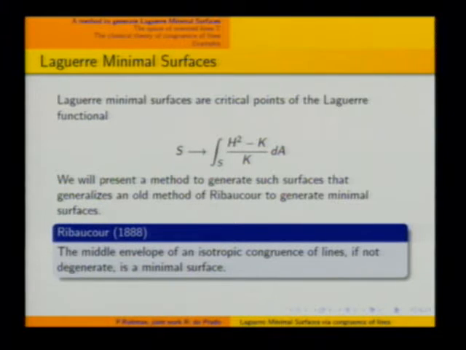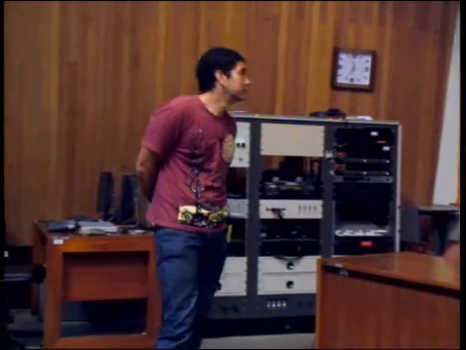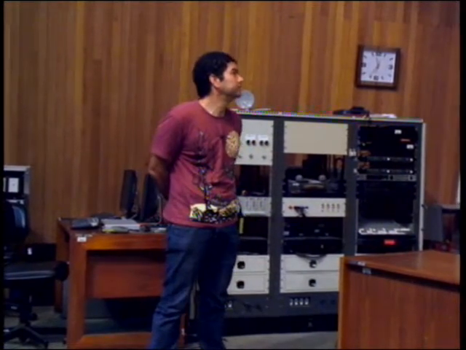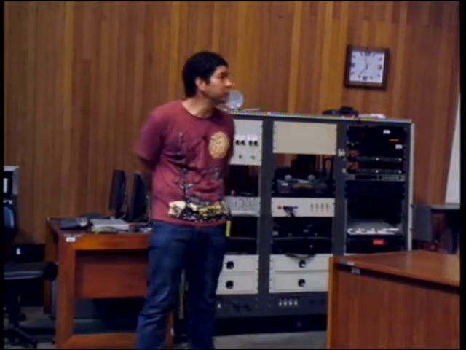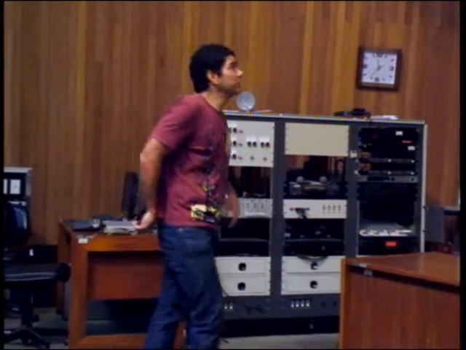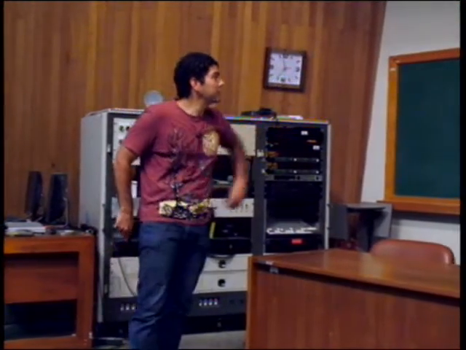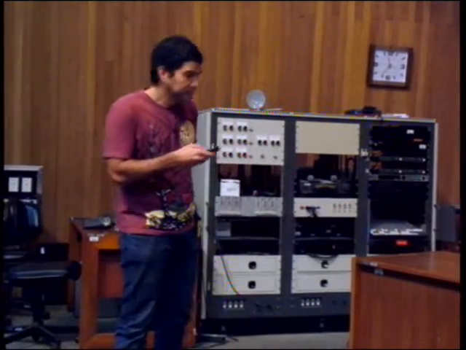Okay, so I will have to explain these terms, because I think they don't appear in modern books of differential geometry of surfaces. And I think many people that work with minimal surfaces actually don't know this result. So even if you don't care about Laguerre minimal surfaces, I think it's a nice thing to know about Ribocourt's result.